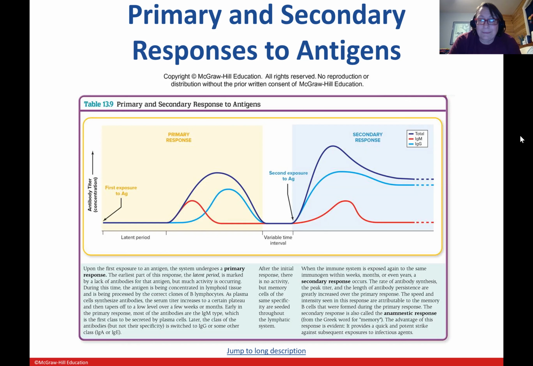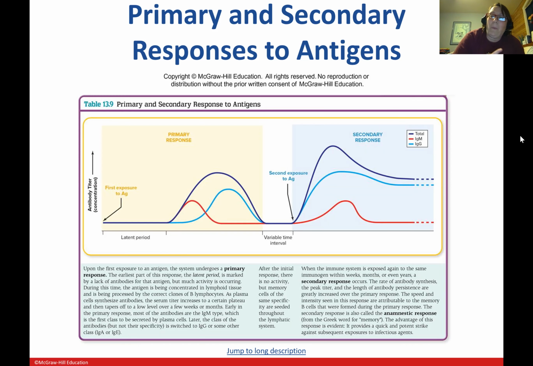So let's say 6 months later, you get exposed to the same antigen that started this process off. However, at this point, you now have memory cells that have been created during that primary response. And because you have those memory cells ready to go, they're ready to divide. They are ready to produce antibodies.